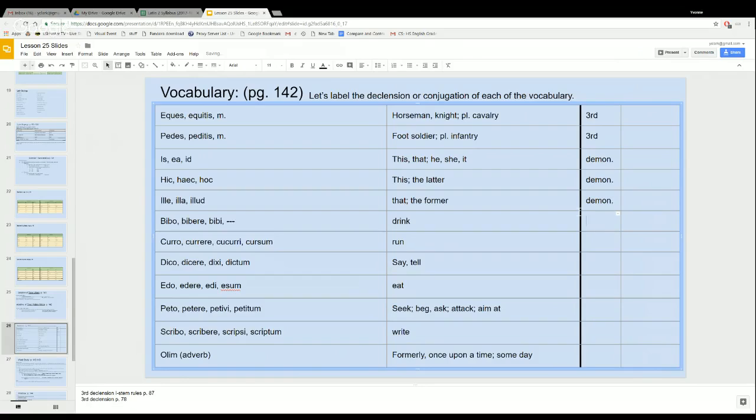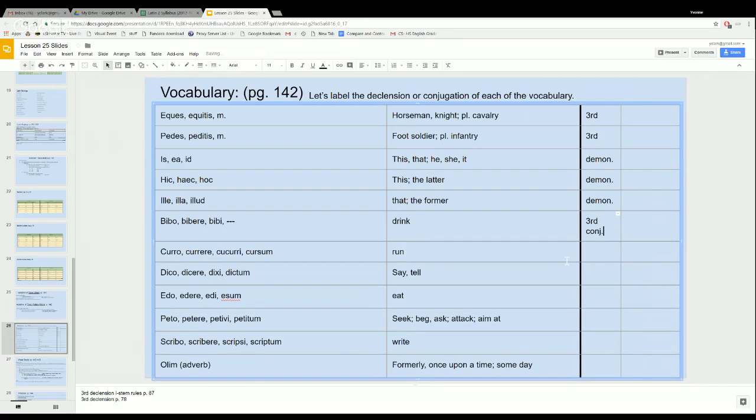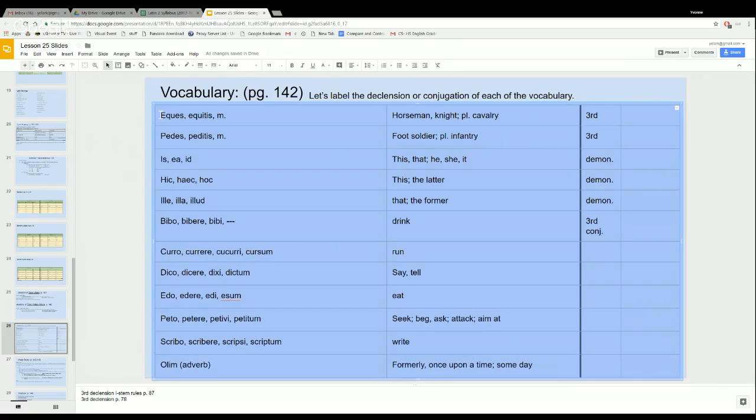Now, what conjugation is bibo, bibere? Third. Yes, that's exactly right. This is third conjugation. I'm going to select all these because it's getting too big. It's going to go right off my slide if I don't, so we're going to make this smaller.